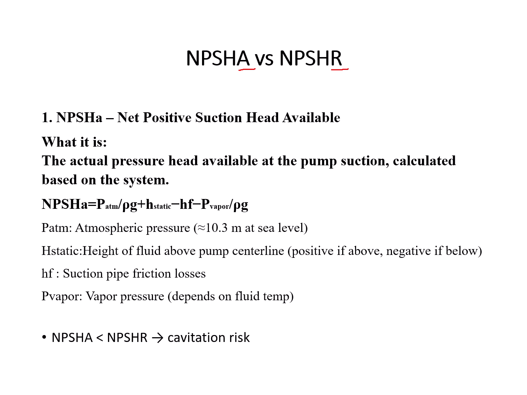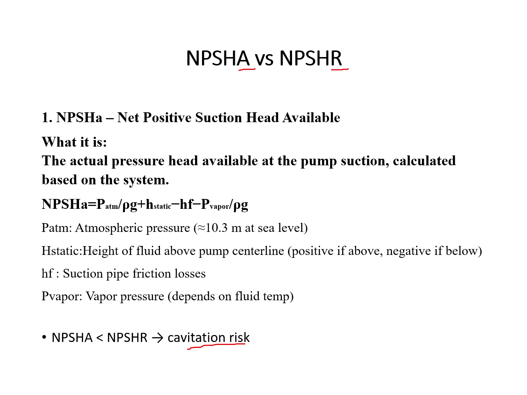So the net positive suction head available, as I always say, should be more than that required by the pump to prevent cavitation risk. Understanding the difference between net positive suction head available and net positive suction head required is essential to prevent cavitation and ensure pump reliability.